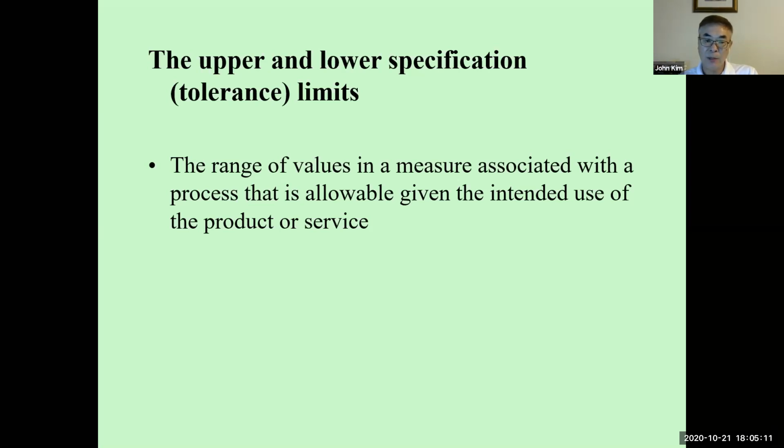Based on the manufacturing quality view, if it conforms to a certain range, inside, then we can say it is good. Outside, then it is not good. So that range, upper and lower range, is the upper and lower specification limit, upper limit and lower limit.